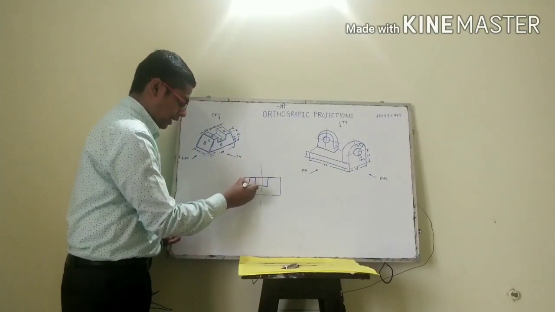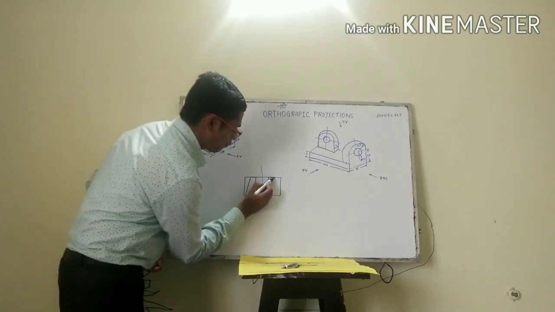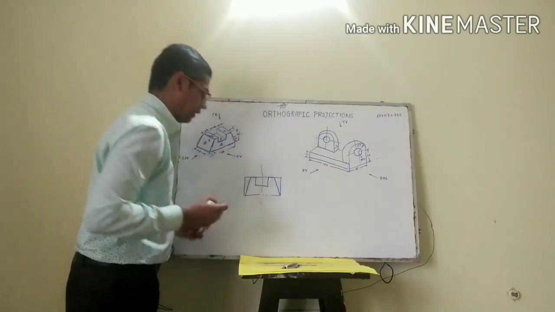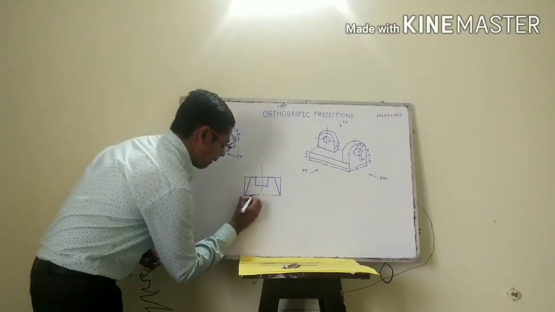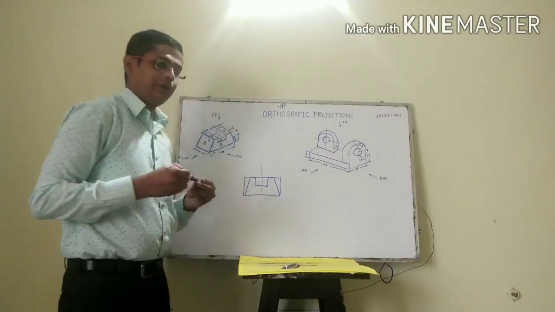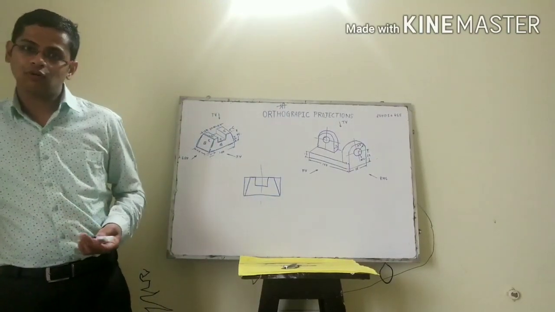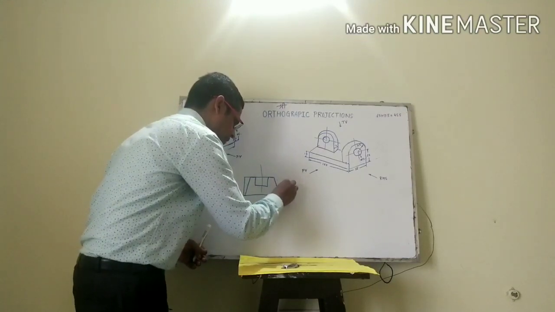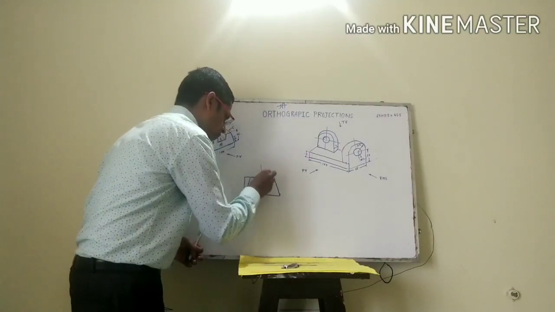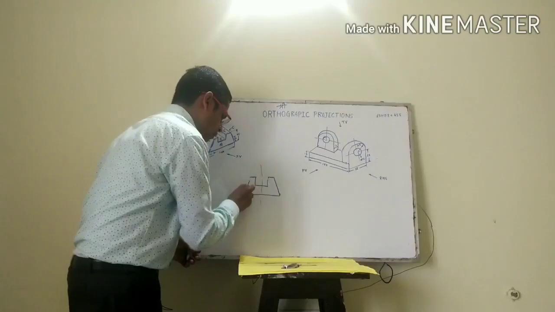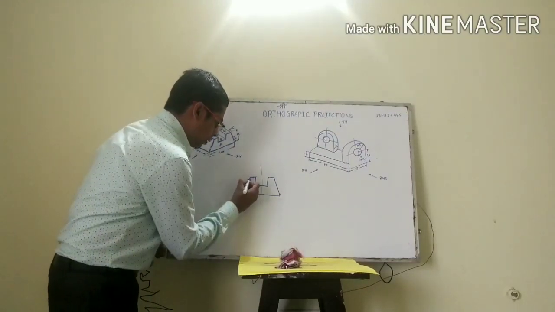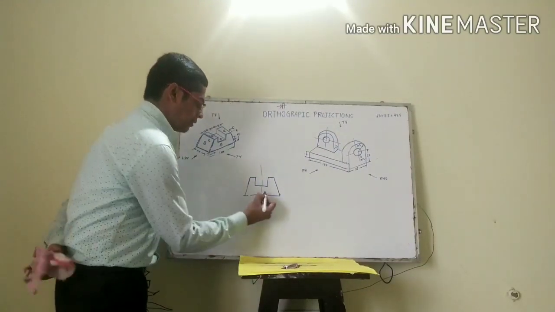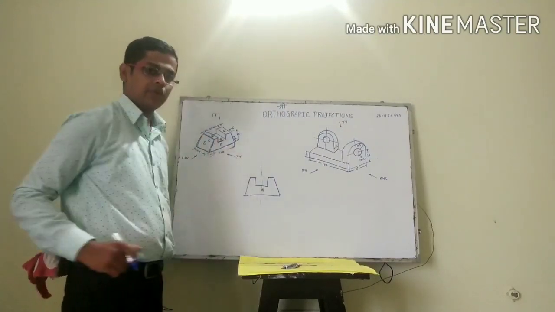From here inclined you join this point, from here also inclined you join this point, and whichever is not required you can rub that area or those lines. If you observe carefully, this is my A face.